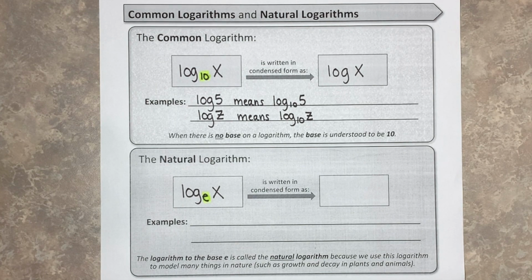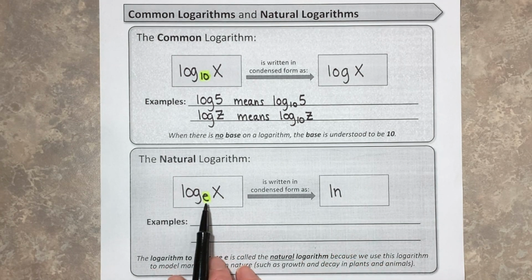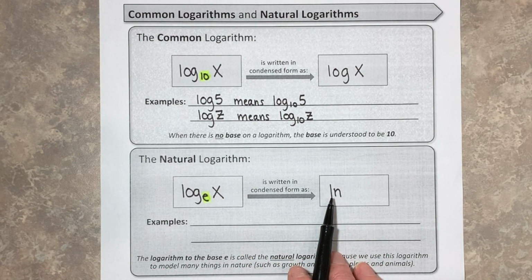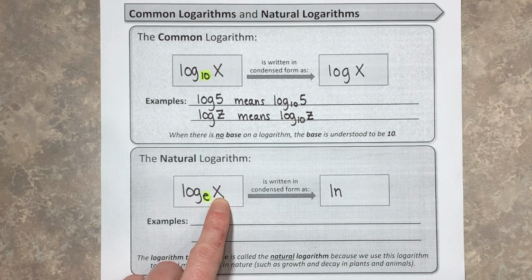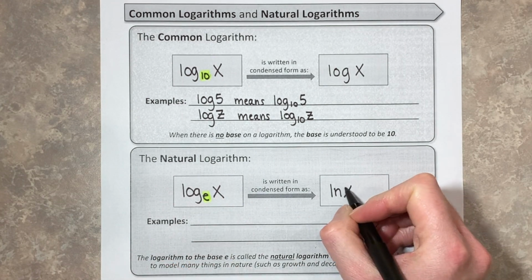Because log base e is used so often in the real world, mathematicians have developed a condensed way to write it. Instead of writing log base e, we write ln, which comes from its name, the natural logarithm. So log base e is replaced with ln, and then we still write the argument x.